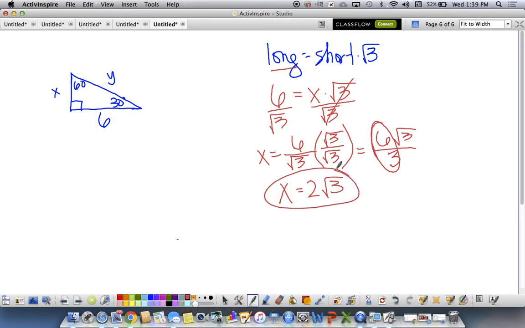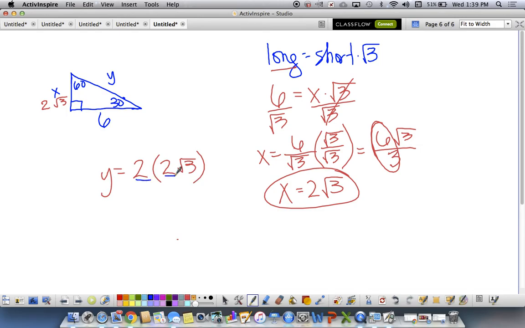And then you do that times 2. Now, if you have the short side, what do you do to get the hypotenuse? You multiply by 2. The hypotenuse is 2 times the short side. How do you multiply numbers and irrational things?